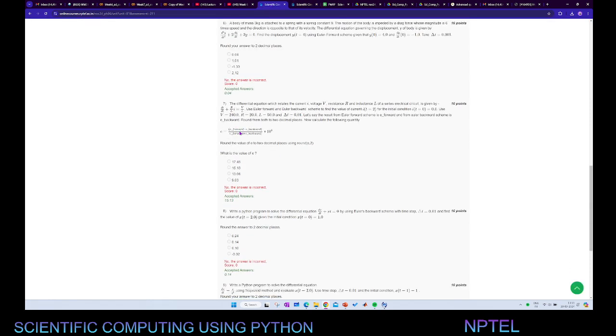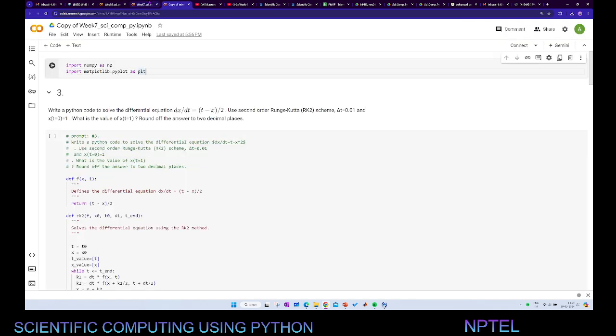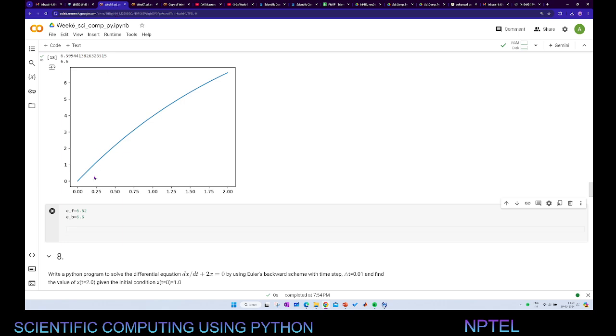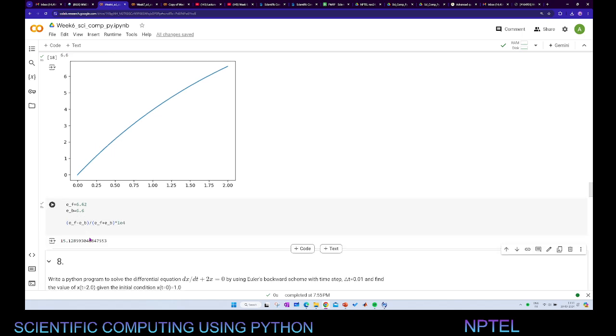So EF minus EB divided by EF plus EB times 10 to the power 4. You can write it like this, right? EF minus EB divided by EF plus EB times 1E4. 15.12 or 13 rather.